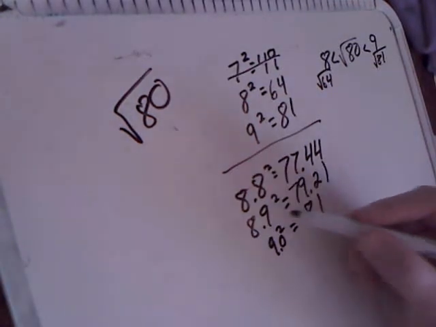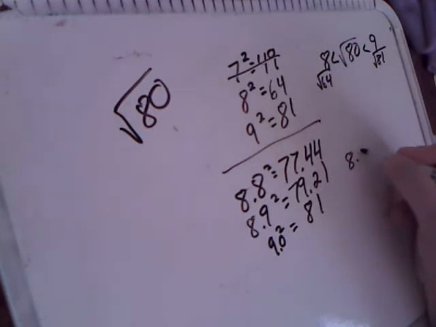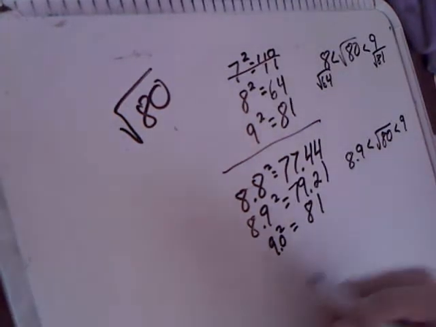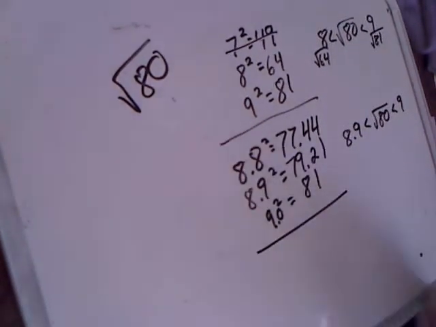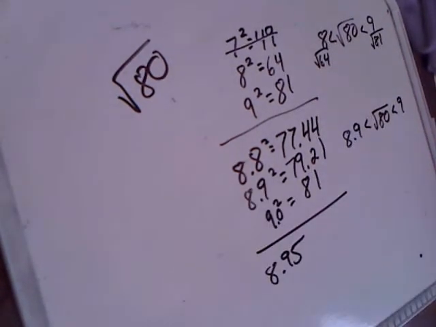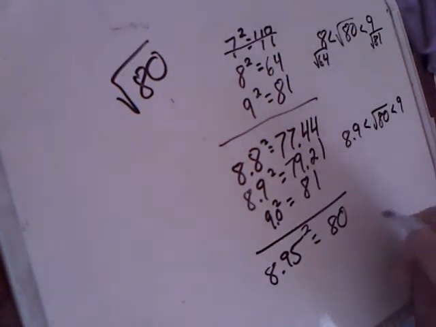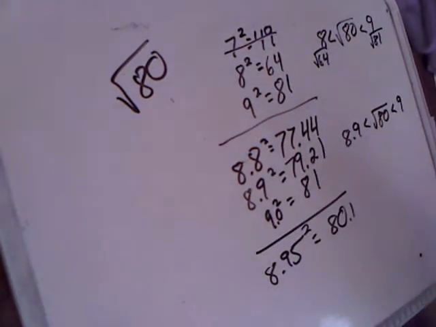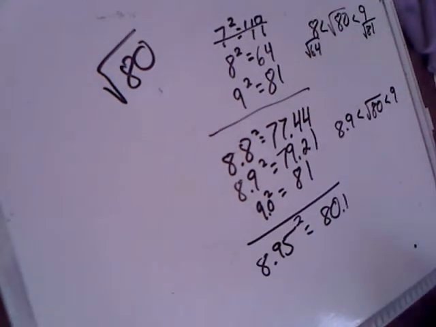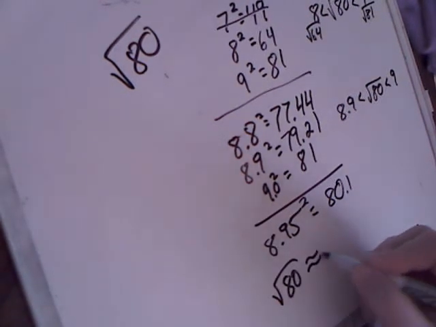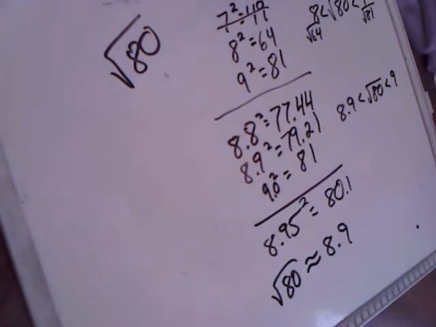So let's try 8.95, and you can see that we're getting more specific on every level. 8.95 squared is going to be 80.1025, but that's okay. 80.1 is too high. So we know that the answer is going to be 8.954, 8.953, 8.952, something along those lines. So we know that the square root of 80 is going to be close to 8.9.